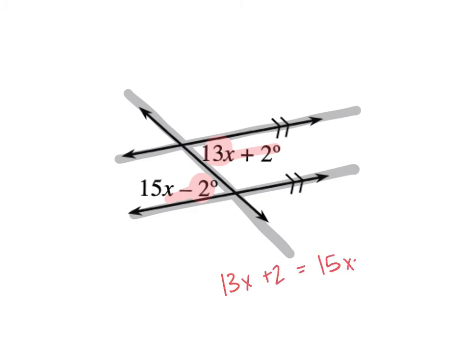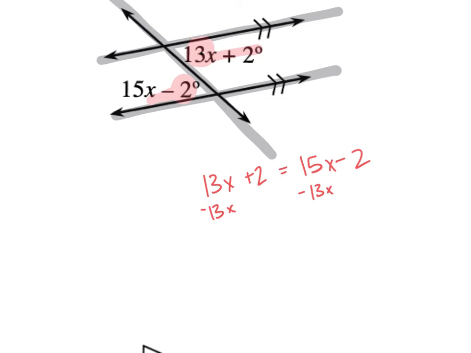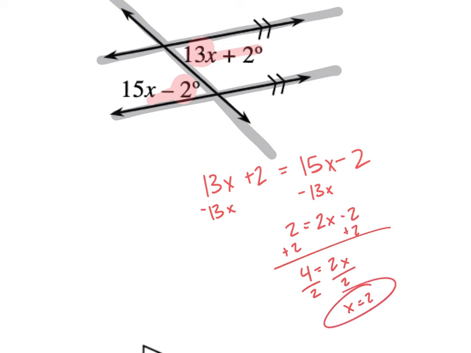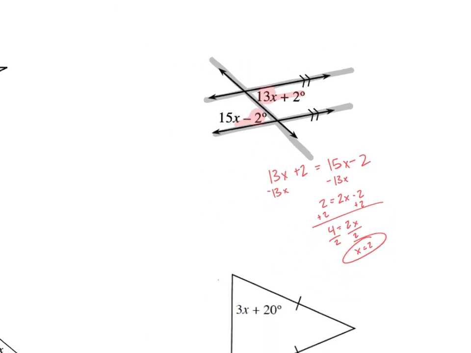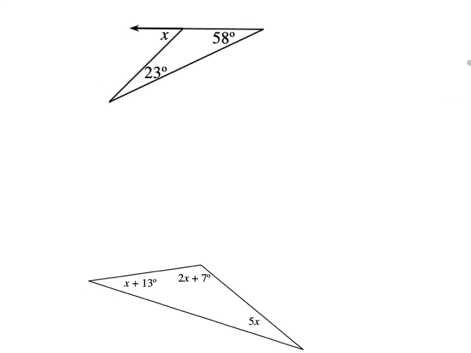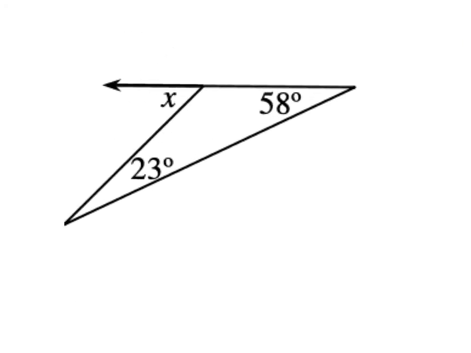Since I know that they are congruent, I can write an equation in which I just set them equal to each other and then solve. My algebra steps to get my answer.